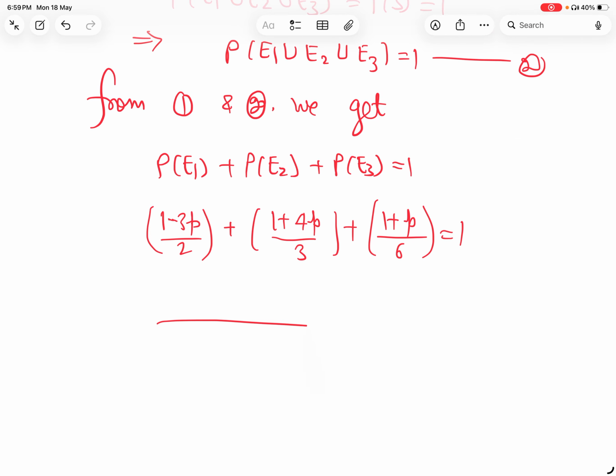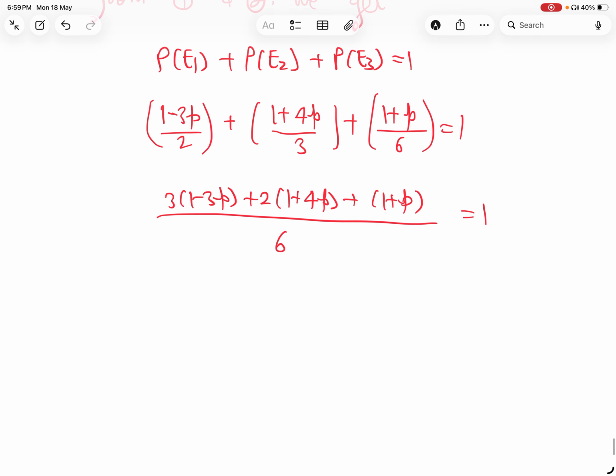So take LCM. LCM will be 6. So it will be 3 times 1 minus 3p, 2 times 1 plus 4p, and 1 times 1 plus p is equal to 6. So 3 minus 9p, 2 plus 8p, 1 plus p is equal to 6.